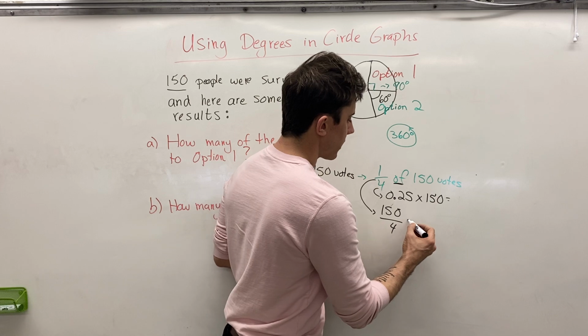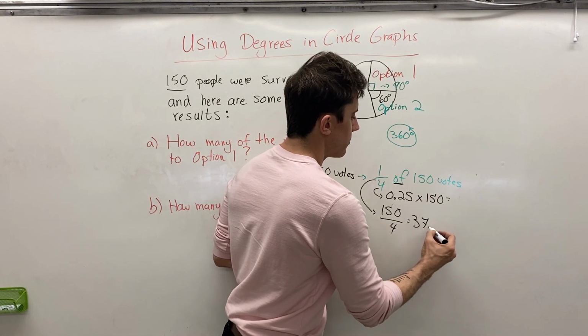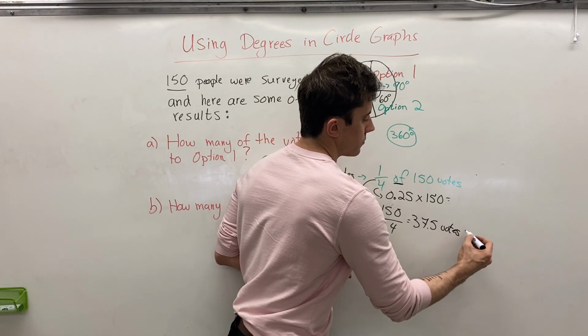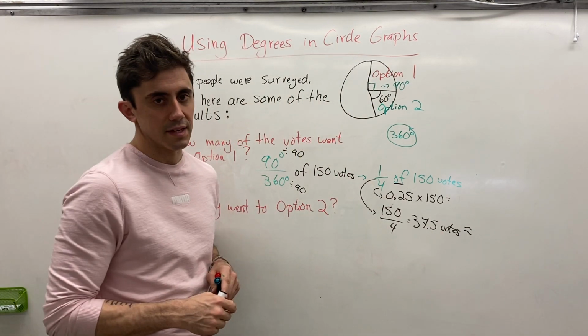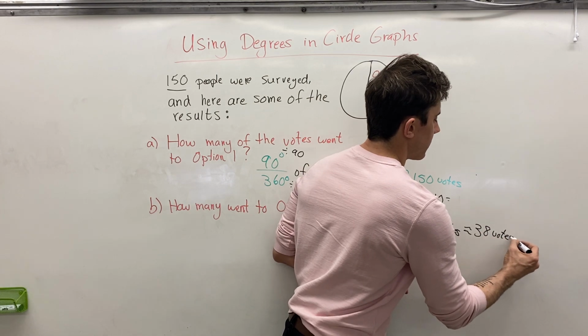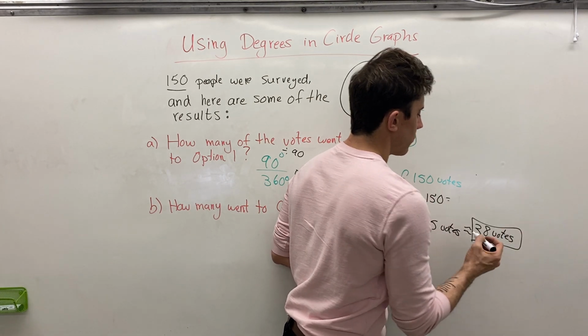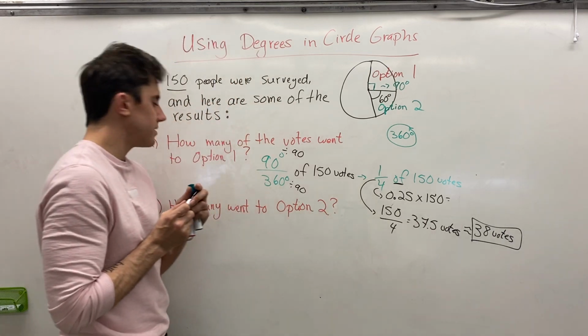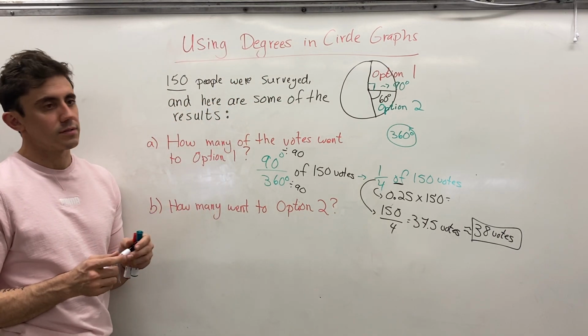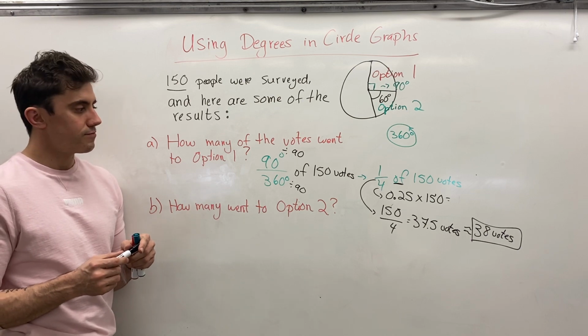And so if we do that, we'll get 37.5 votes. And so we can round up, let's say, 38 votes, right? Once in a while, the numbers work out a little bit dicey, and we end up with a decimal in our solution, so we can just round to the nearest integer, okay?